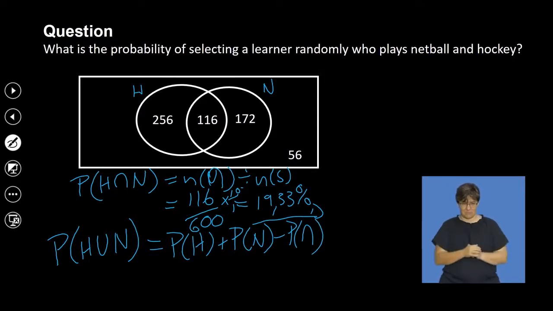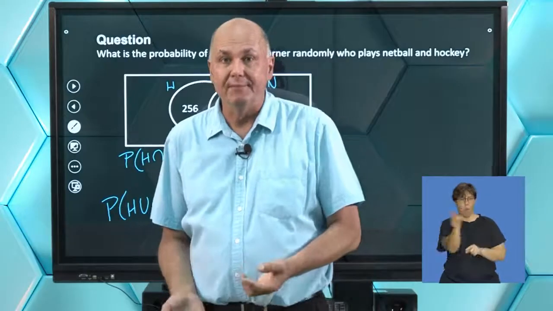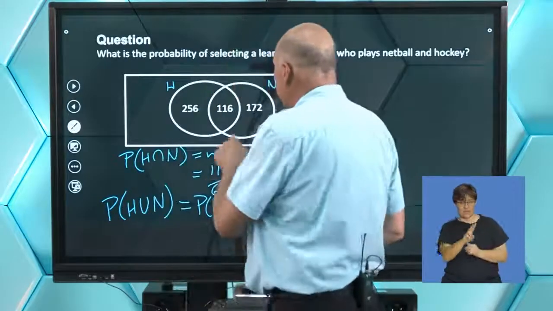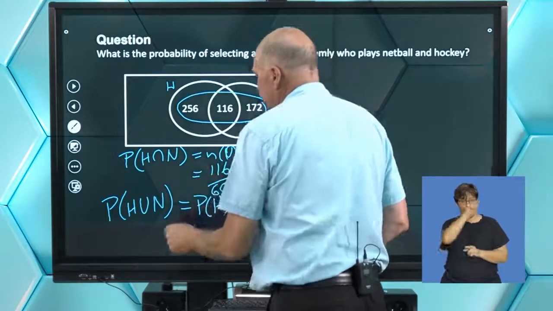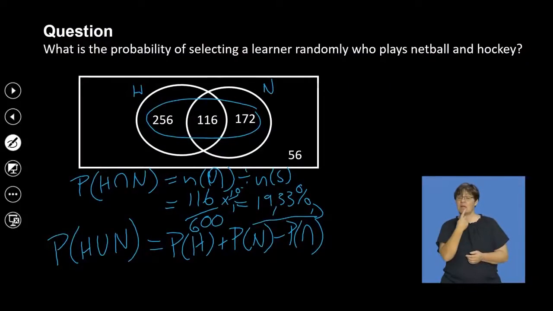So if we look at the union of all of them together, do you see that it's all of these values together?